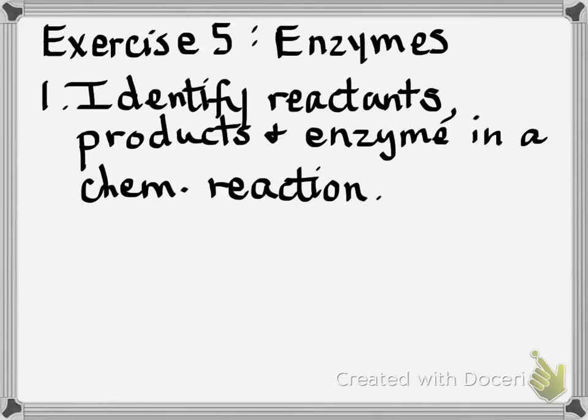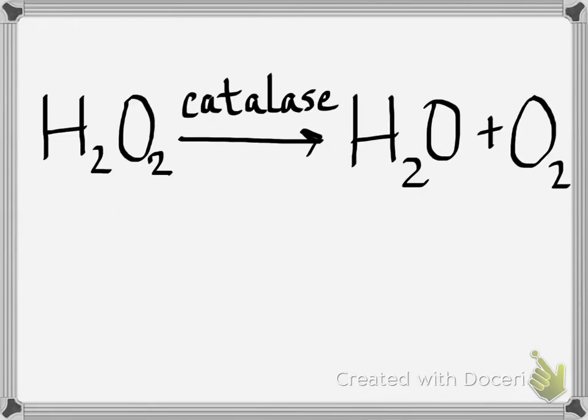So exercise 5 is on enzymes, and we're supposed to identify reactants, products, and then I added that we need to also identify the enzyme in a chemical reaction. This is question number 1. So I wrote this chemical reaction right here. I picked this chemical reaction because it's the actual chemical reaction that we did in lab when we were working on enzymes.